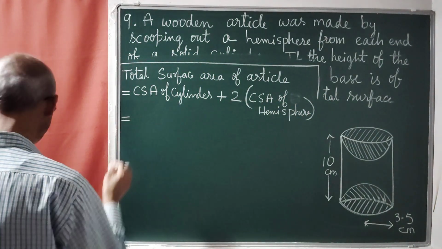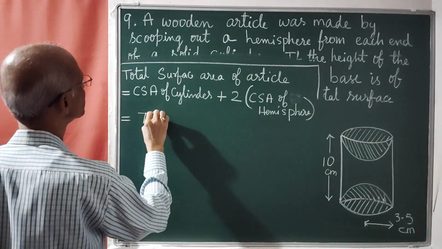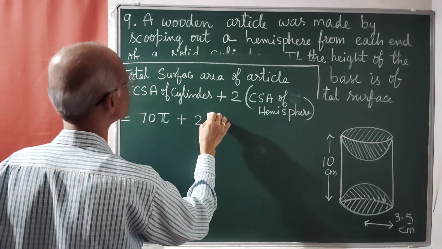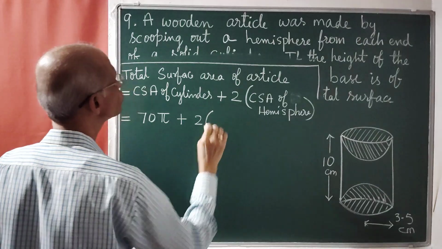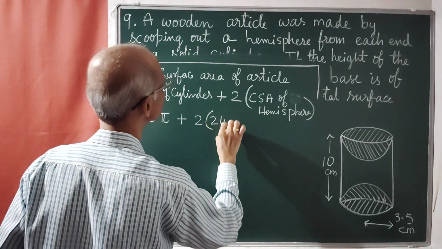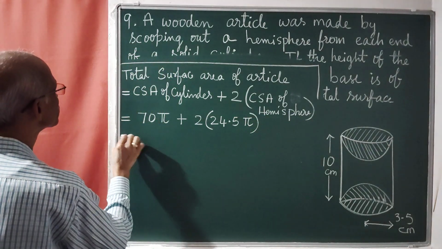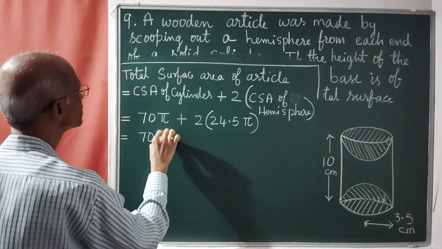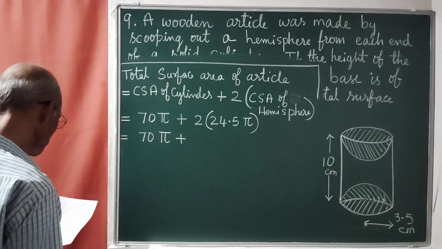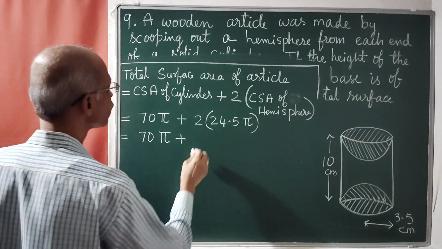So CSA of cylinder was 70 pi plus 2 into CSA of hemisphere, which was 24.5 pi. That's equal to 70 pi plus 2 into 24.5 pi, which is 49 pi.